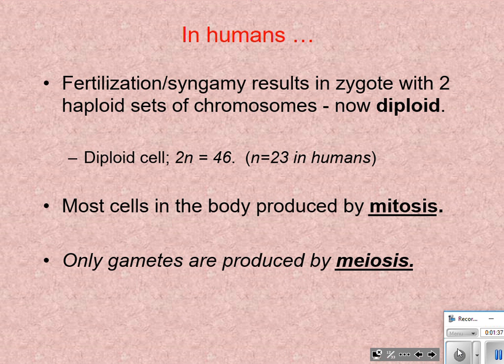Now, what should you be able to do by the time we're done today? Well, you should be able to identify the stages of meiosis 1. Okay, so if you see a picture of them, you should be able to say, okay, yeah, that is this stage. You should be able to tell some key points of what is happening in the stages of meiosis 1.